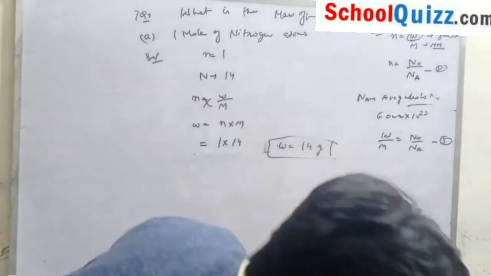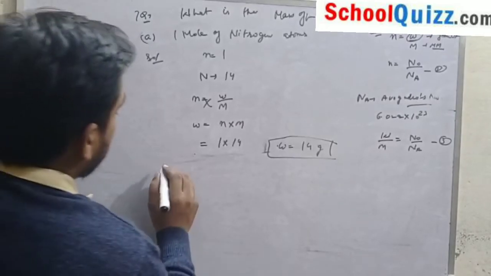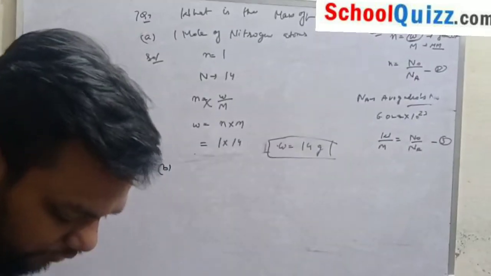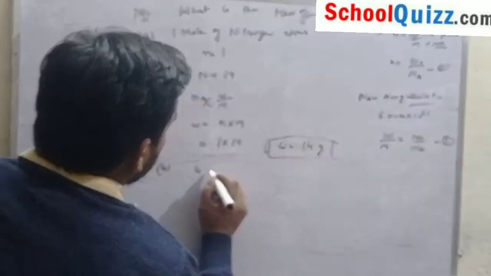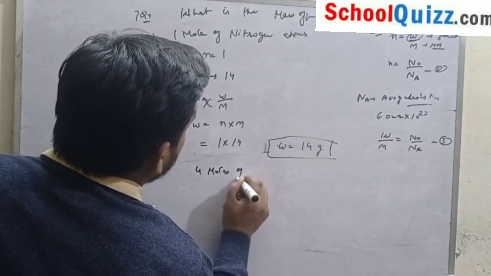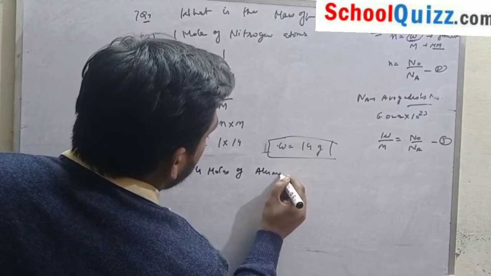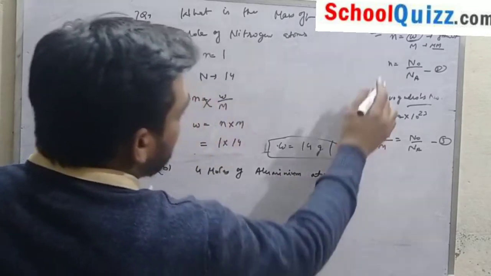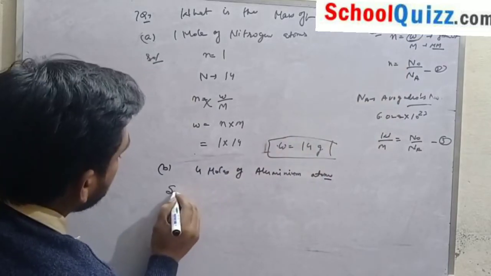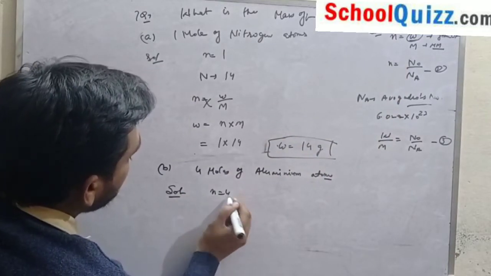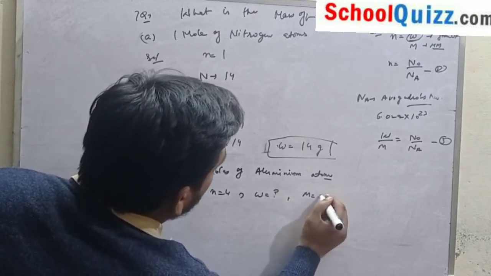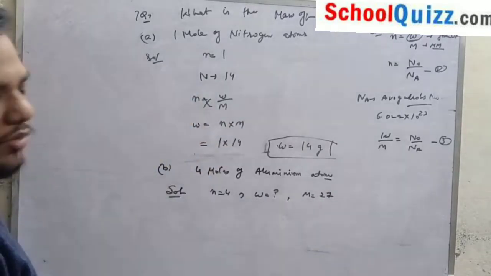Now next is B: 4 moles of aluminium atoms. Simply we will apply that formula. n is given, that is 4. W we have to find, and the molecular mass of aluminium is 27.